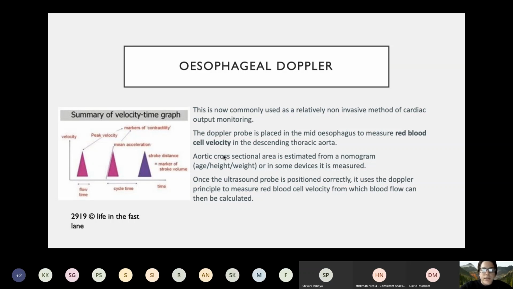There's a formula that determines the patient's aortic cross-sectional area, based on height, age, and weight. And this allows measurements, for example, of contractility, stroke volume, and stroke distance. Some of the disadvantages of this is it's very user dependent.